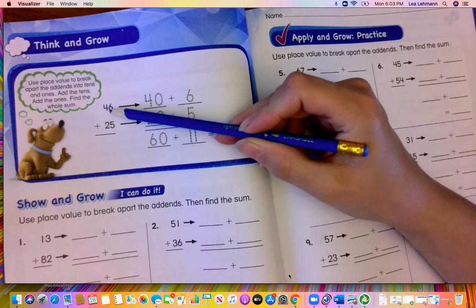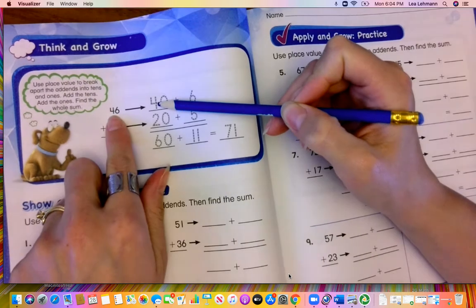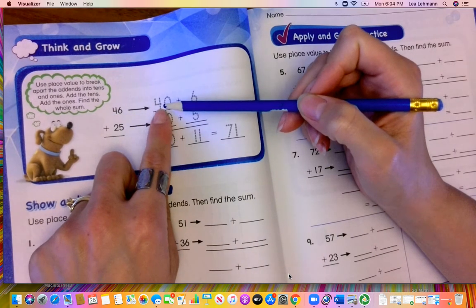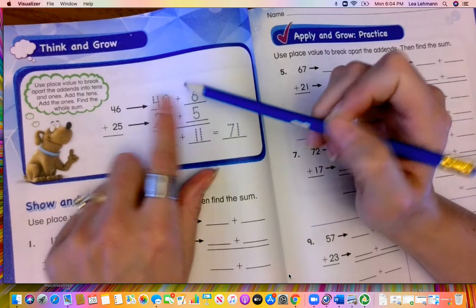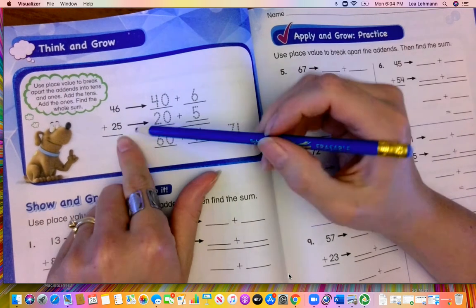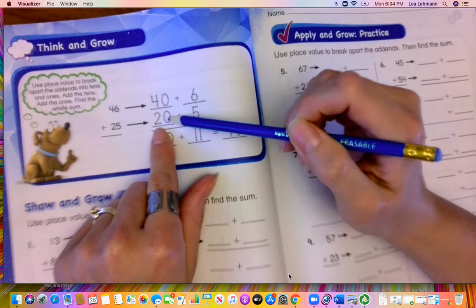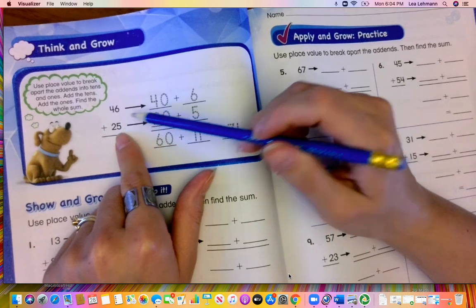So what's the tens of 46? 40, right? That 4 doesn't stand for 4, it stands for 40. And what's that 6 stand for? 6. For 25, what's the tens place? It's 20, and that 5 in the ones place stands for just 5.